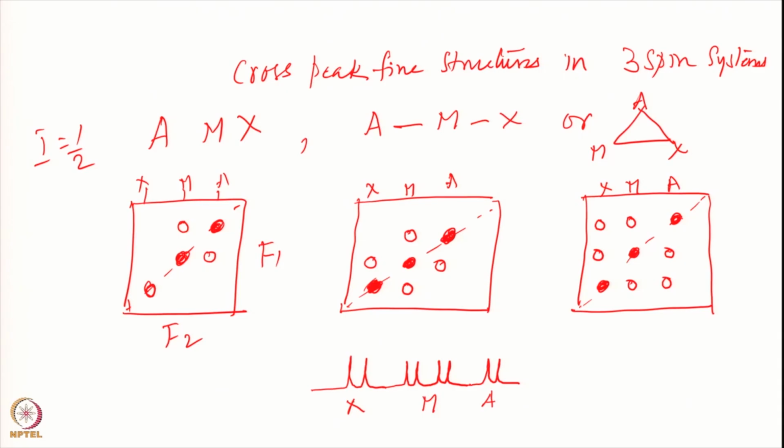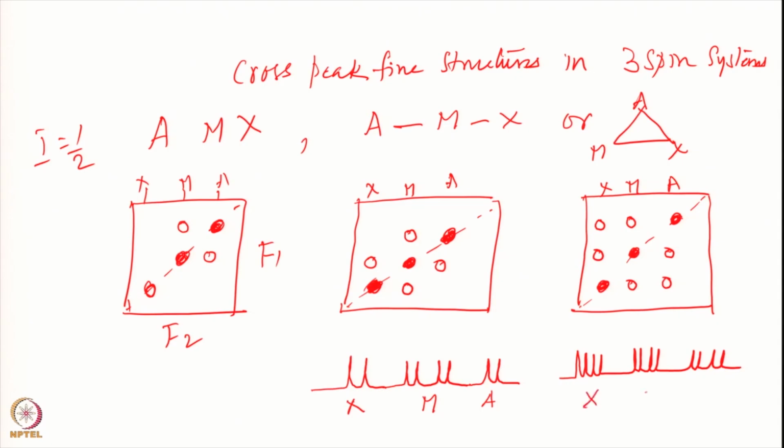So how will this be here? Now each of them here has two couplings, each spin has two couplings, right. So therefore each one of them will be a doublet of a doublet. Okay.